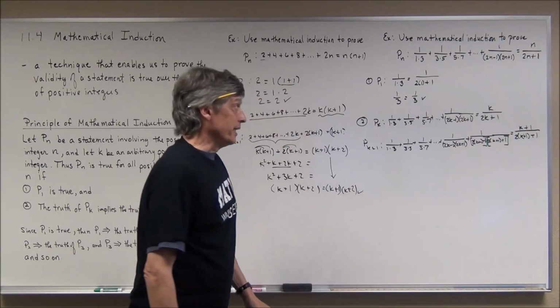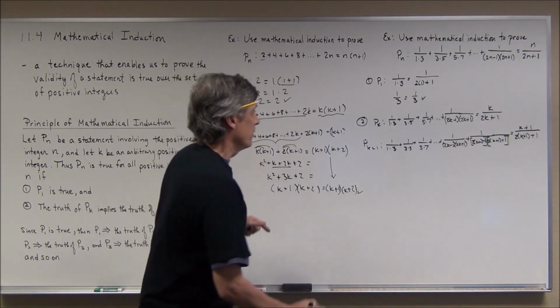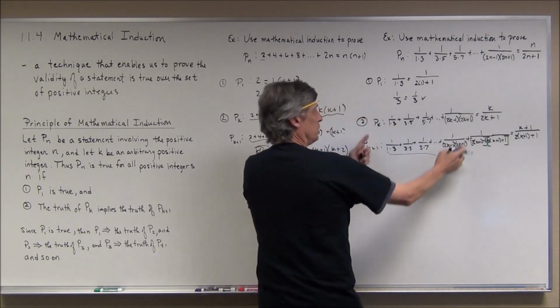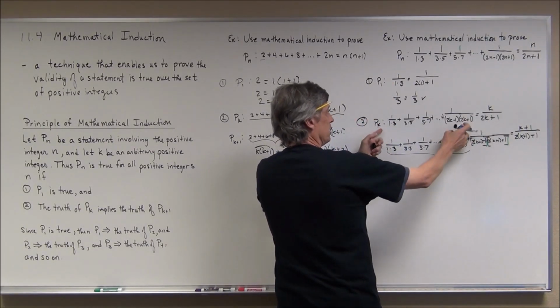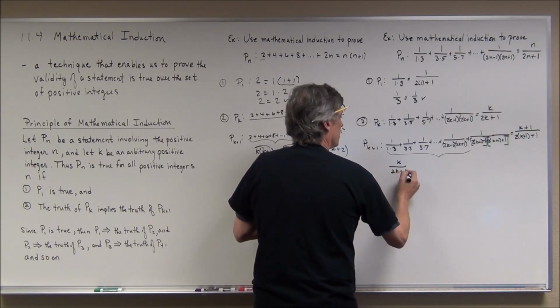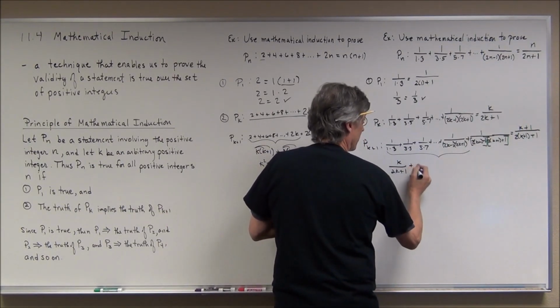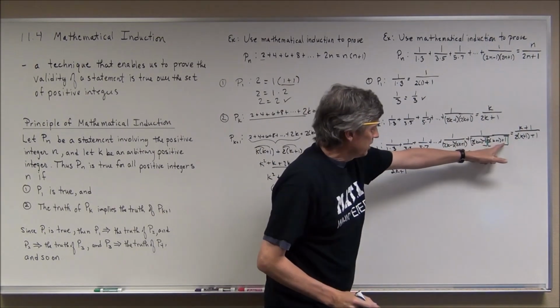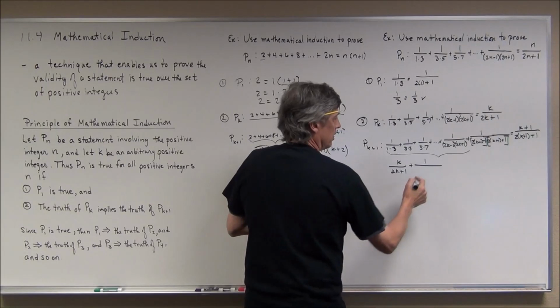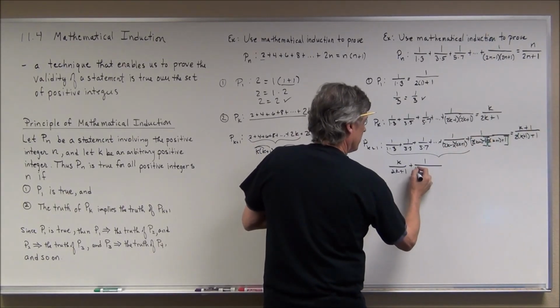Yikes. And just like I did in the last example, I have this part, which is right here, and I have assumed that this is equal to k over 2k plus 1. Plus, now I'm going to simplify the stuff inside the brackets here a little bit to save myself some work.